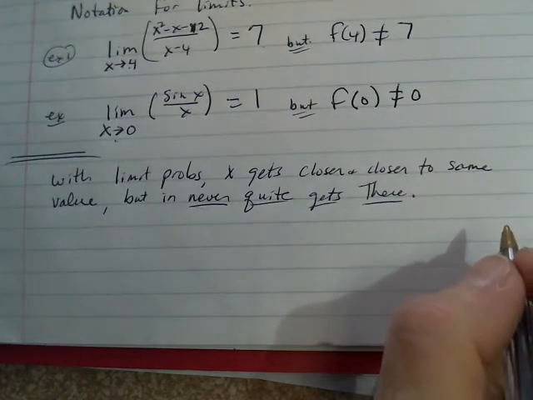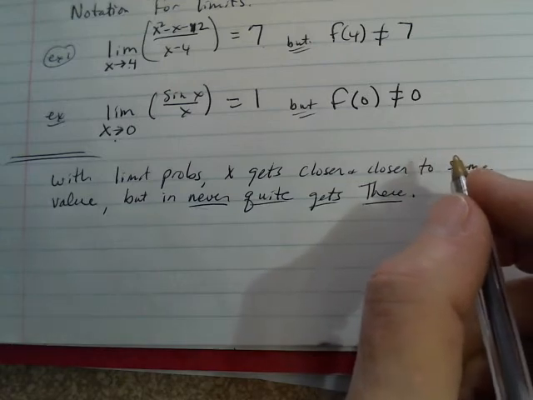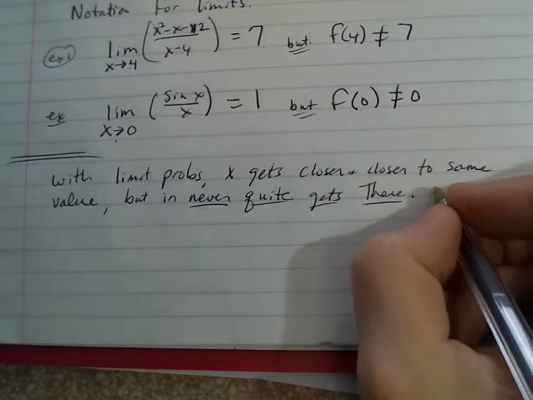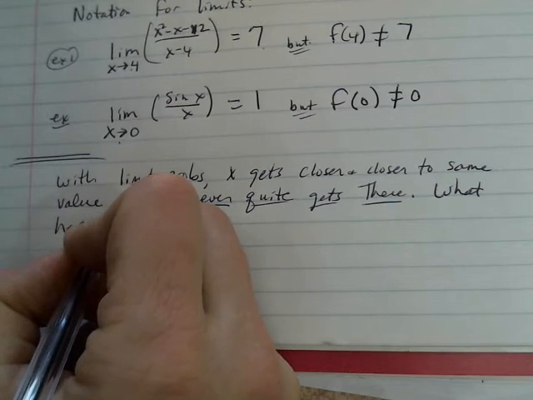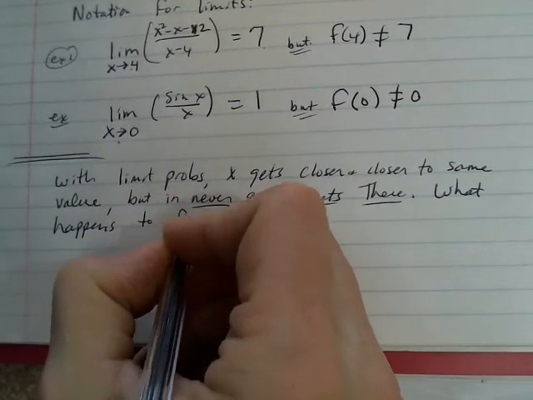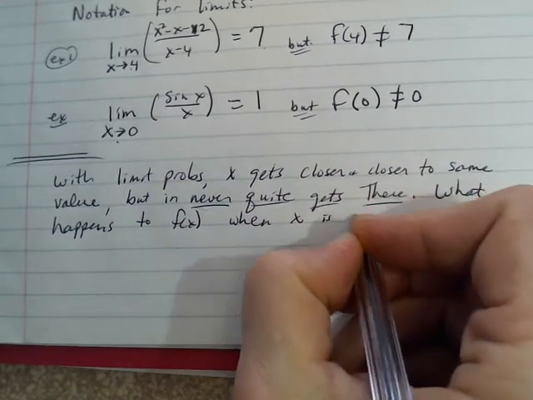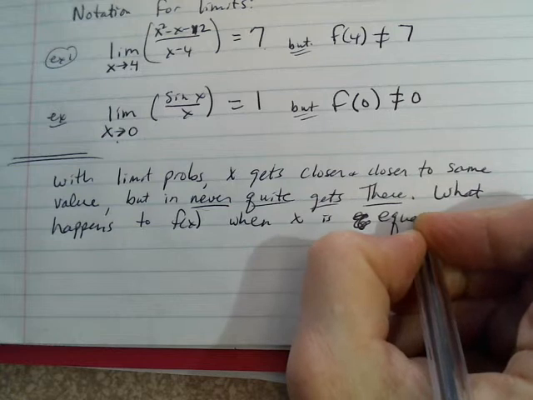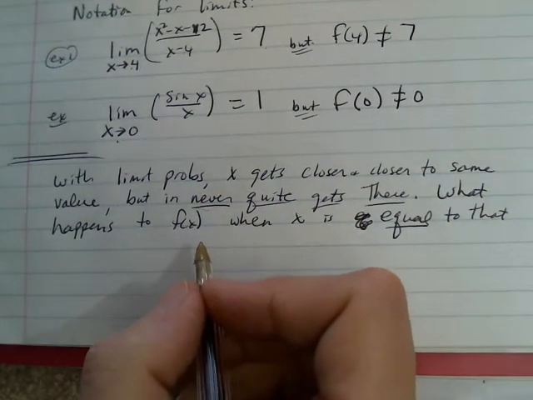What we're trying to figure out is what happens to the function. I'm sorry. If we try to evaluate that function, or in other words, what happens to f of x when x is equal to that value, whatever we're trying to approach here.